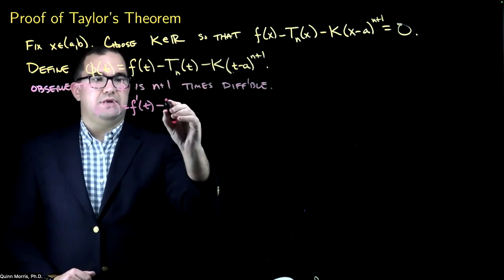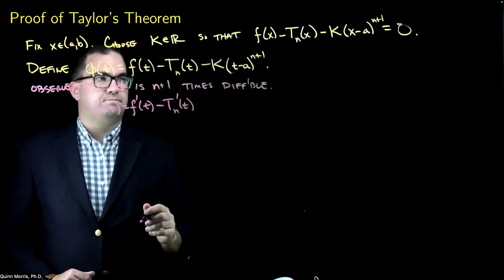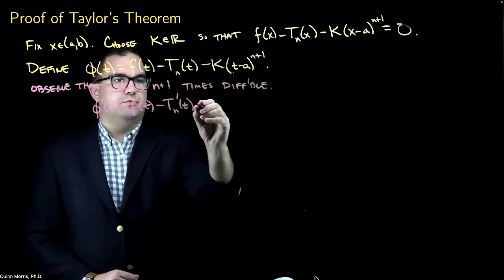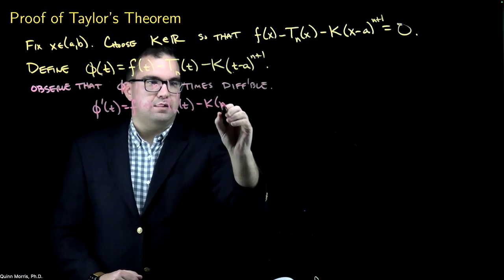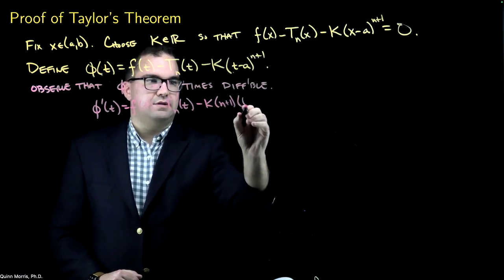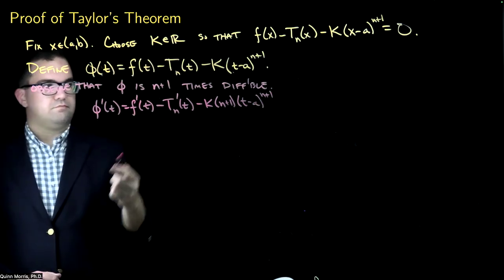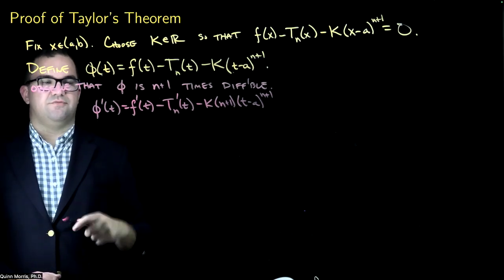So this is certainly differentiable. And again, this is just a polynomial term, that's always differentiable. So I'll get a minus K times, bring the n plus 1 down, (t minus a) to the n. So certainly this is differentiable because each of these pieces is differentiable.